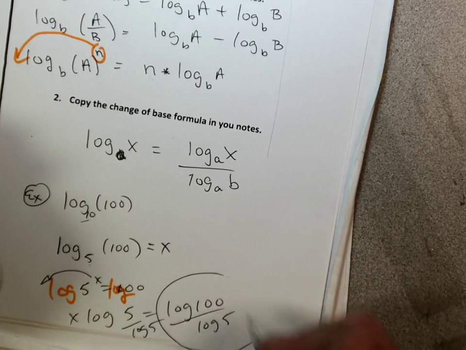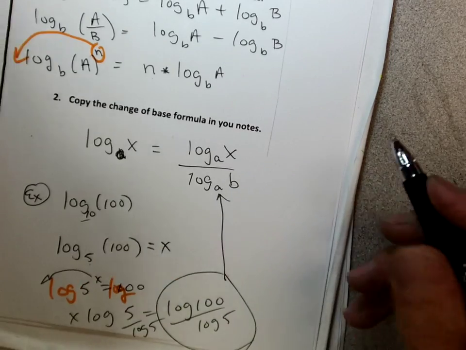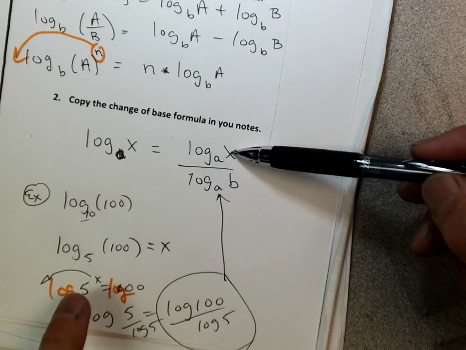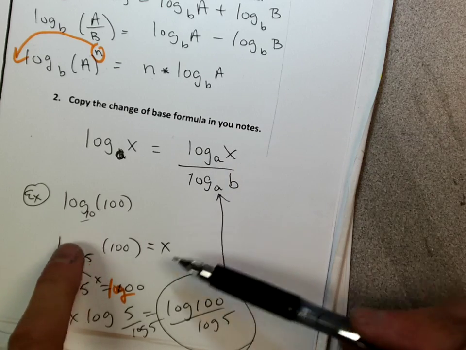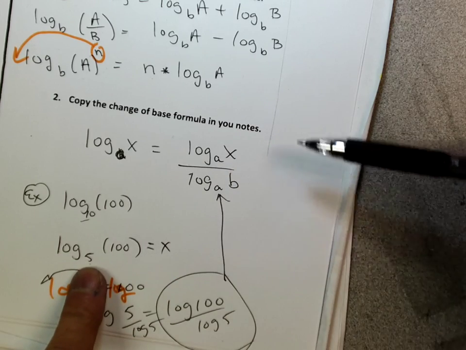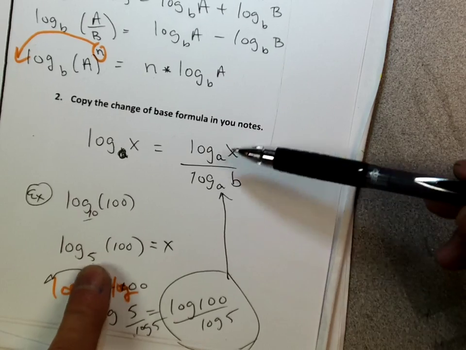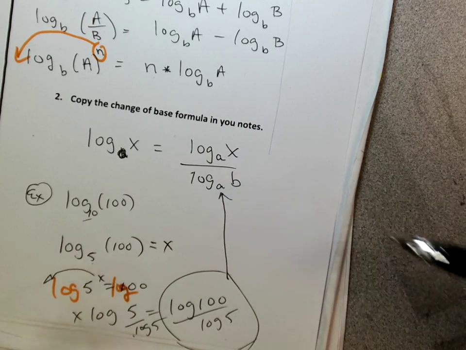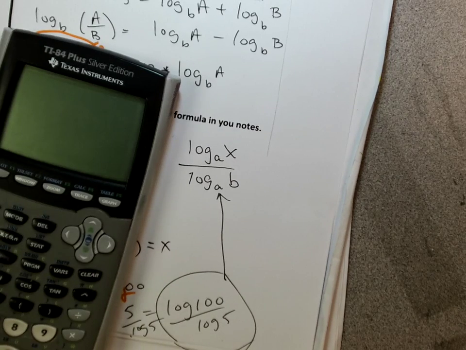Okay, now let's check this out. What I did for the change of base is I took the log of 100 and I divided it by the log of 5. So if I want to do this, I'm going to take the log of this number divided by the log of this number, and I can use my calculator now to find out what it is.